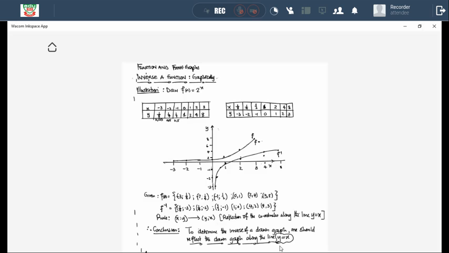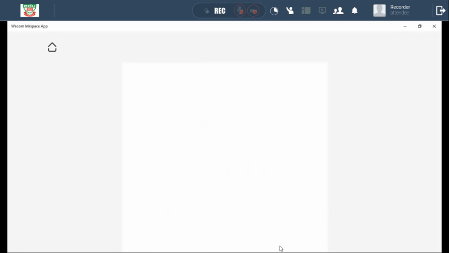Okay, let's look at an example. Let's look at a quick example. Let's draw as close as possible to an exam type question. Example number one.